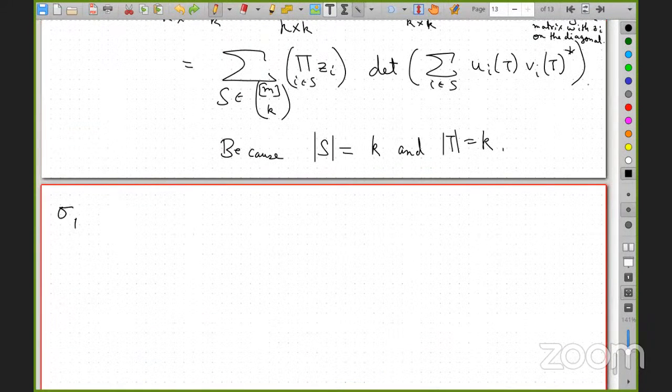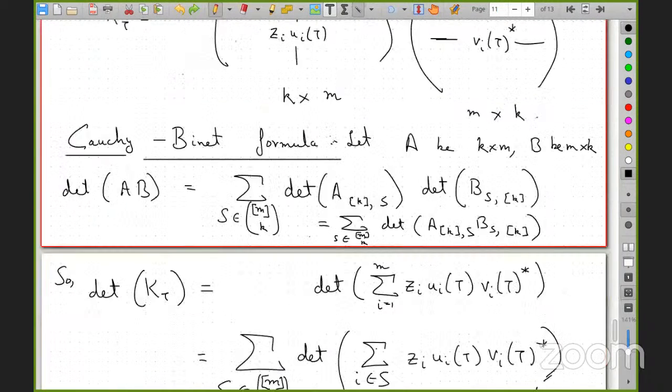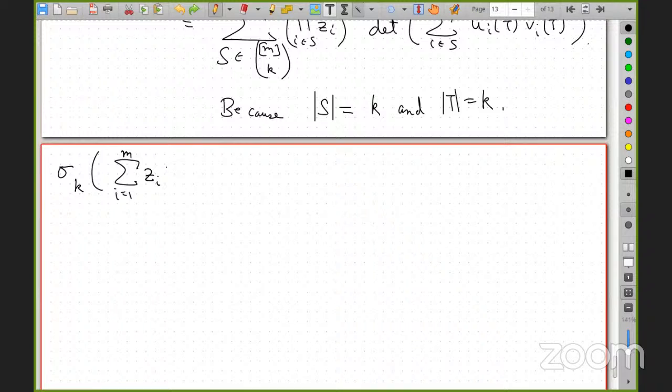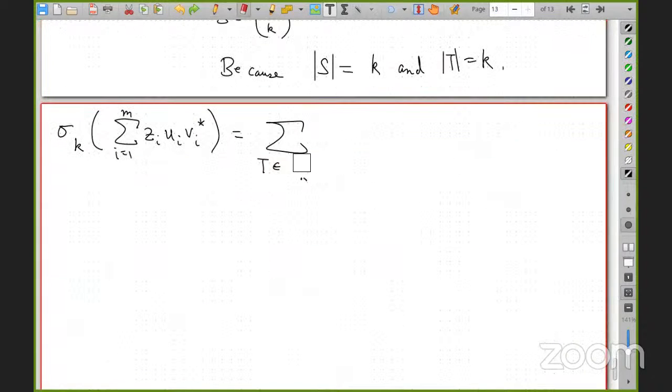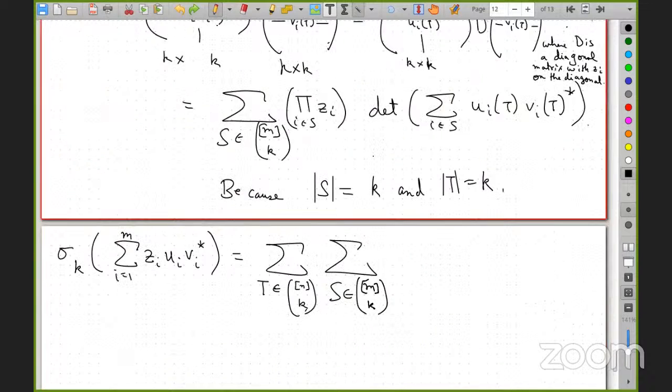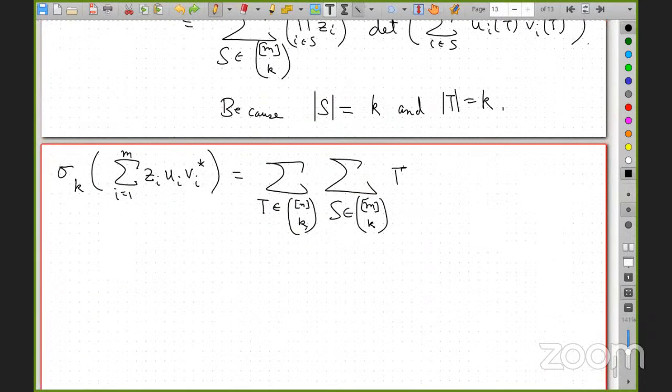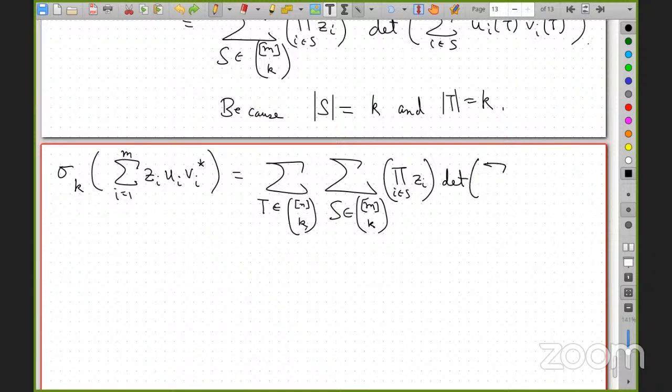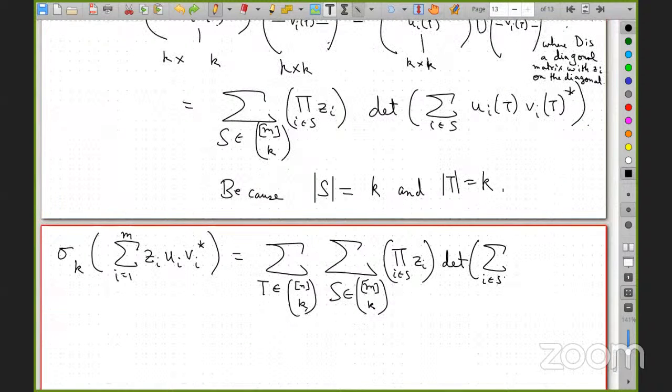We get that sigma k of the summation of zi ui vi star, with i going from 1 to m, is the sum over all T, which are size k subsets of n, and then the sum over all S, which are size k subsets of m, of the product of zi for i in S times the determinant of the summation over i in S of uiT vi T star.